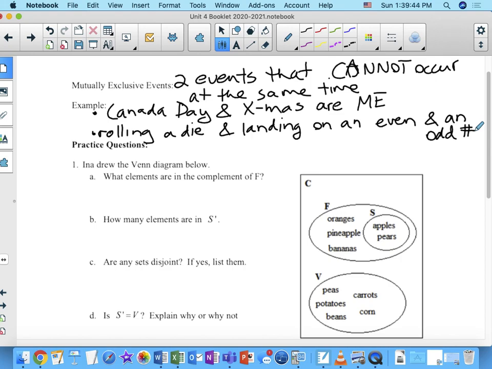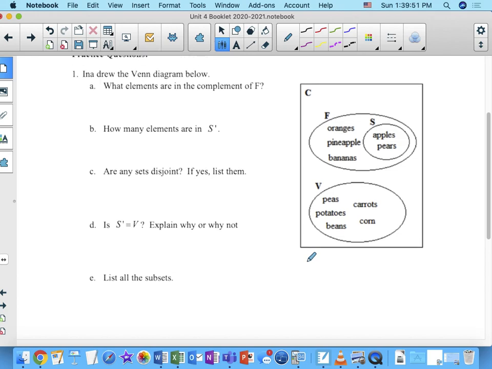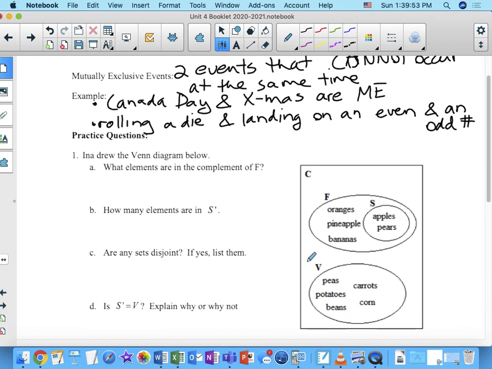Okay, so that's another piece of vocabulary that we need to discuss. And then we are going to do some examples. Now, one thing about mutually exclusive events is that on a Venn diagram, those two events would look disjoint, right? There's not going to be any overlap if two events are mutually exclusive.